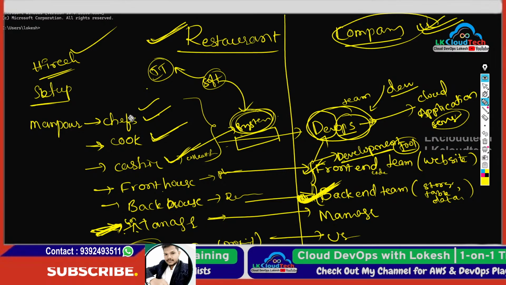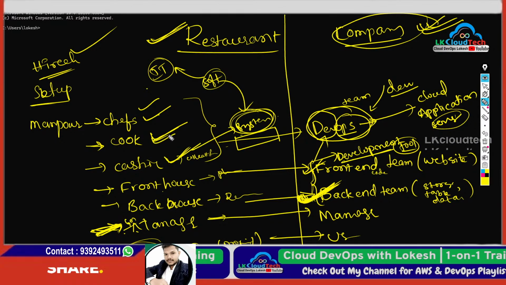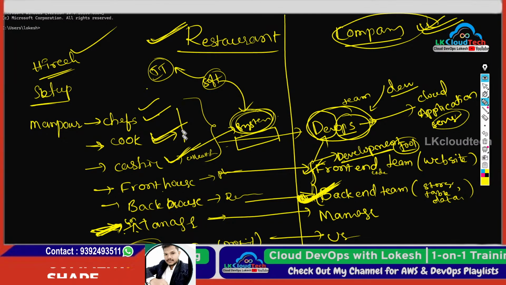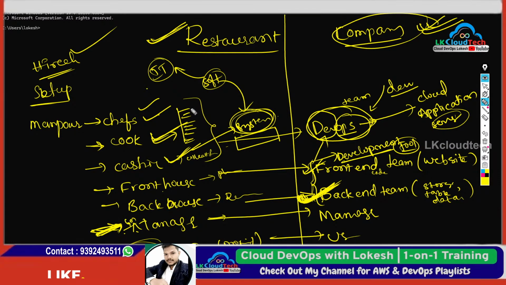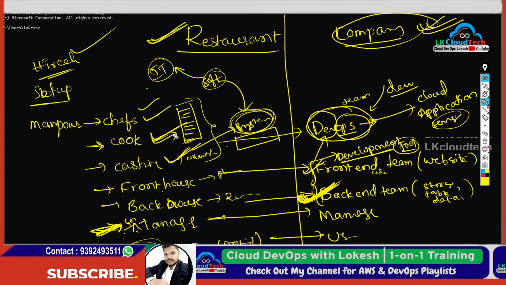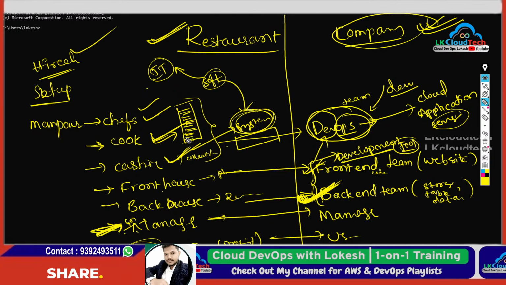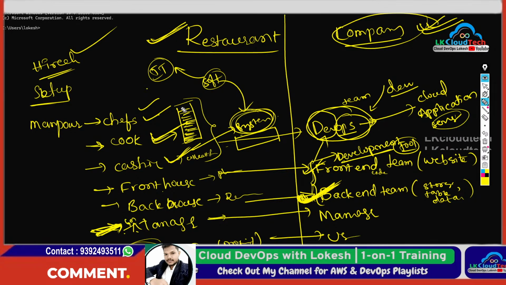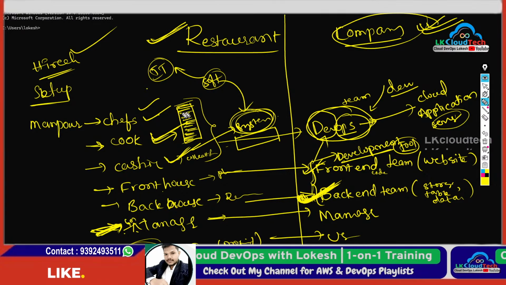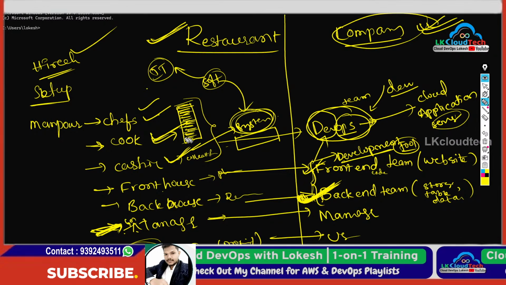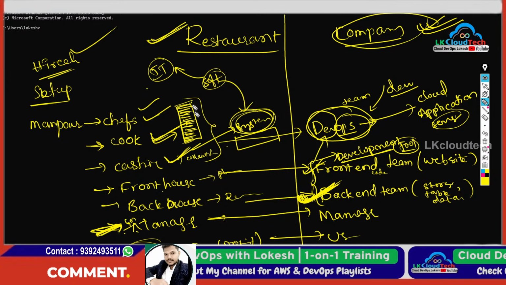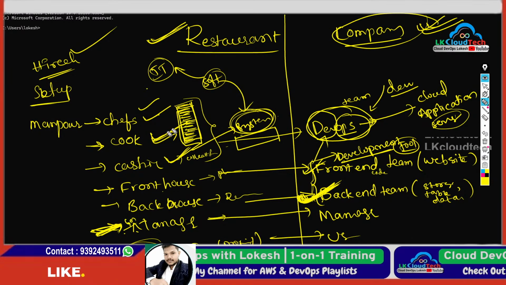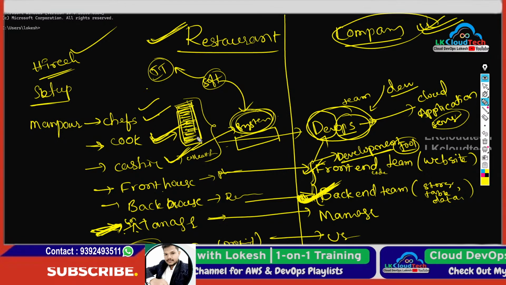For a cook, there are many things available in the kitchen, all the bowls and spoons, but he will not use them all at once. Depending upon the requirement, he will use these items.